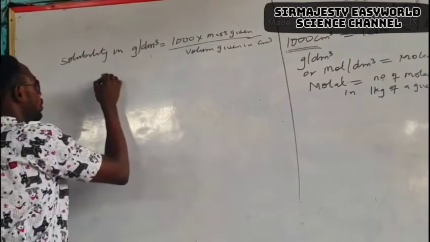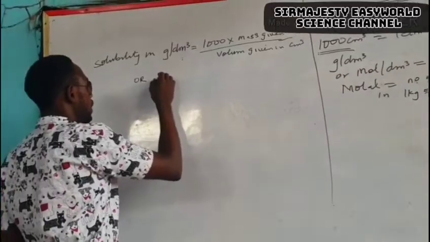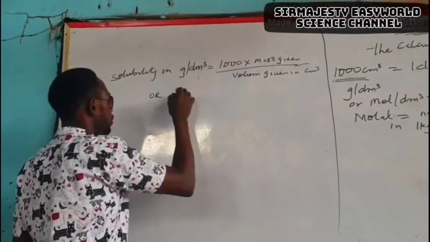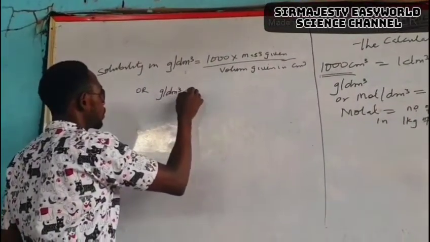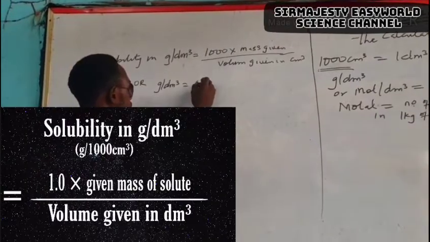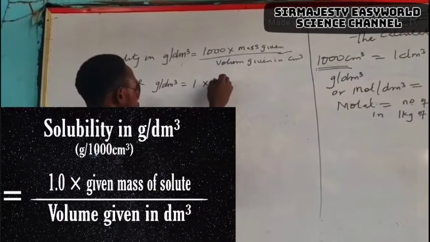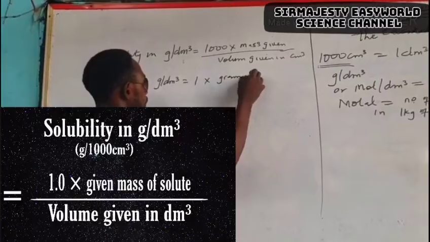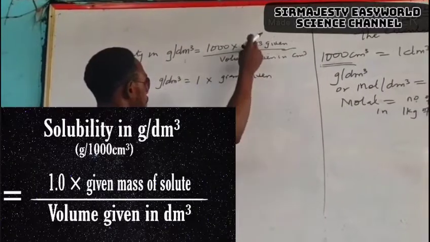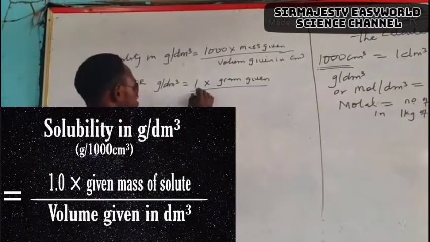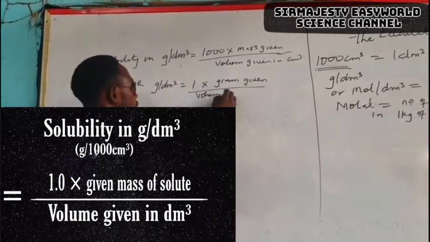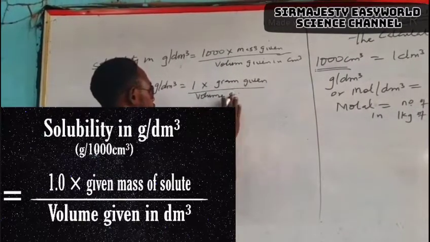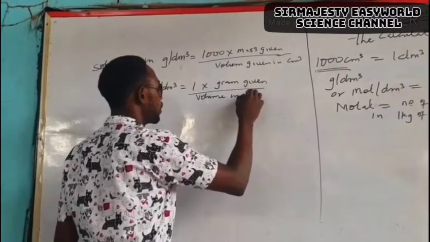Or you say that gram per dm3 is equal to 1 times gram given, that's mass given, divided by volume given in dm3.